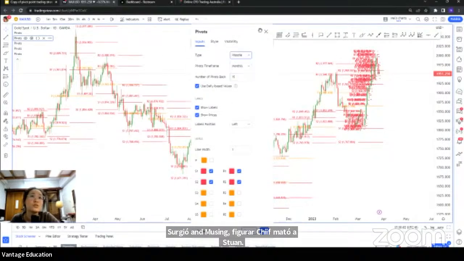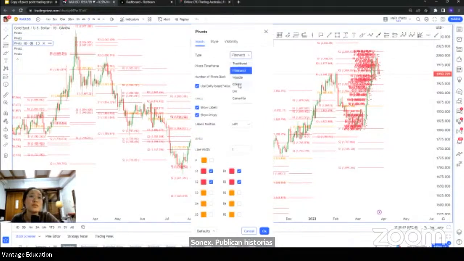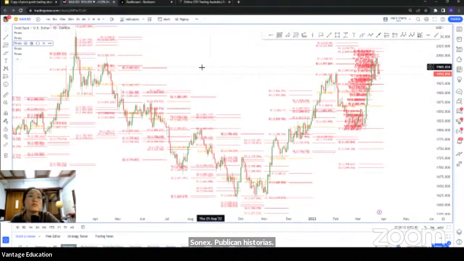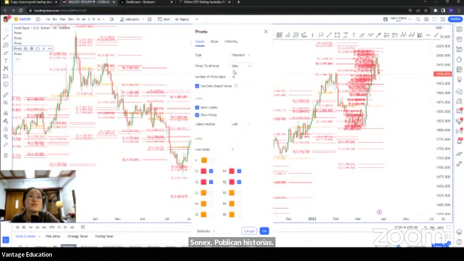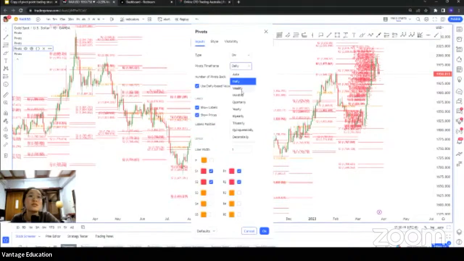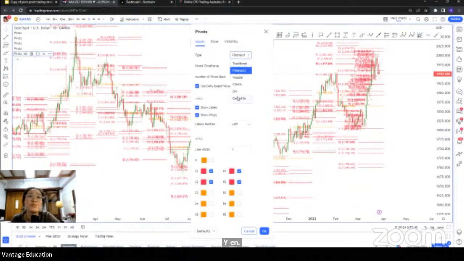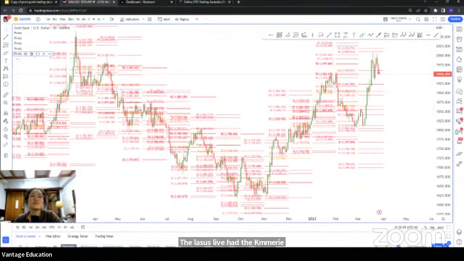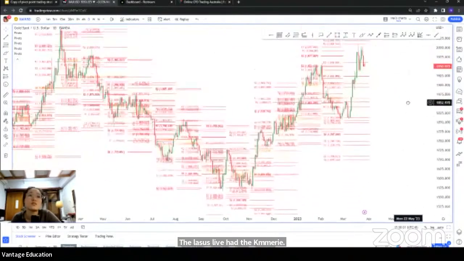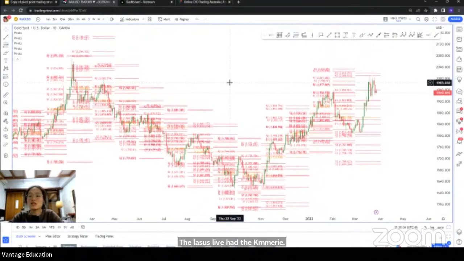So next we want to use the Woody. DM. And then lastly, we have the Camarilla. Okay, so it's a little bit messy now. Let me just clean it up.